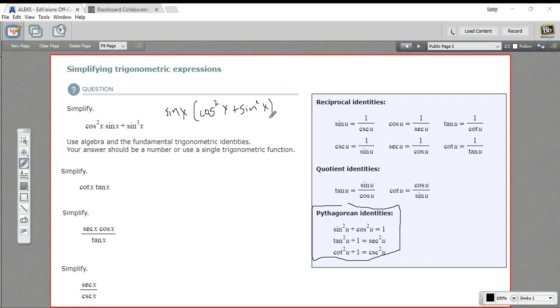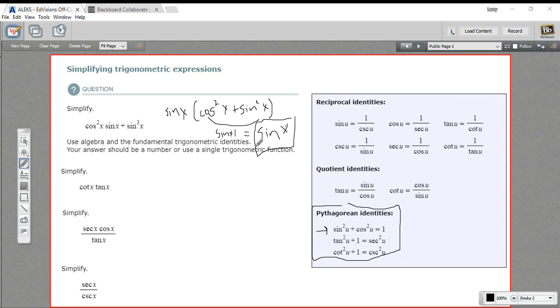And this is something we should be looking out for right here. The sine squared plus the cosine squared equals 1. So this cosine squared plus sine squared, doesn't matter what order they're in, just equals 1. So this is actually sine x times 1, or just sine of x. And that is our answer.